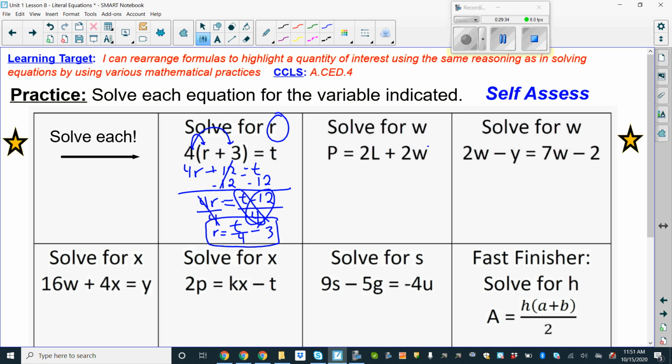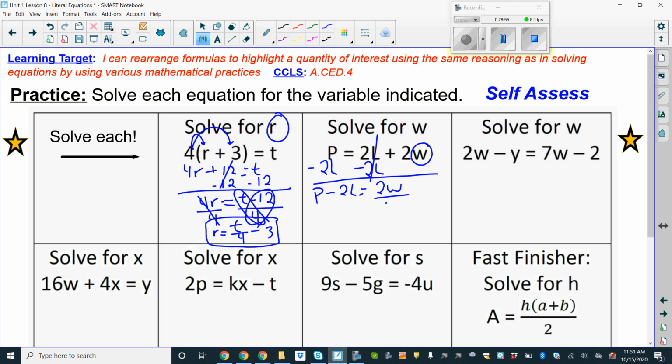For the next one, we have to solve for w. So we need to move the 2L first because it's being added to the 2W. So we move it over by subtracting 2L, and 2L minus 2L cancels out here, and we subtract it from the other side. So we are left with P minus 2L equals 2W.